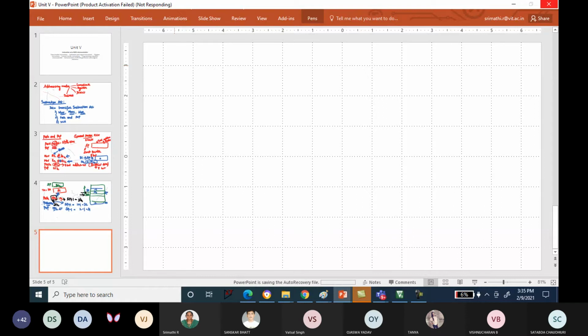For example, if I say move A comma B, whatever value is in B will be moved into A, and the value of A will be erased. So your destination is A, and whatever value is available in the destination will be completely erased. That is your data move.